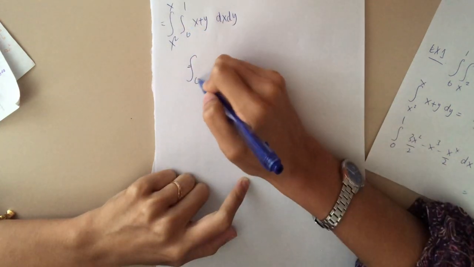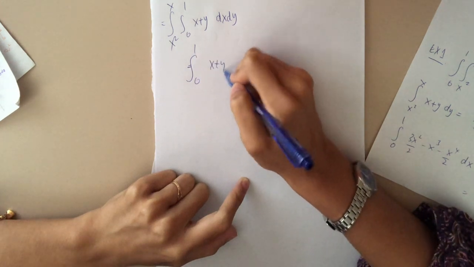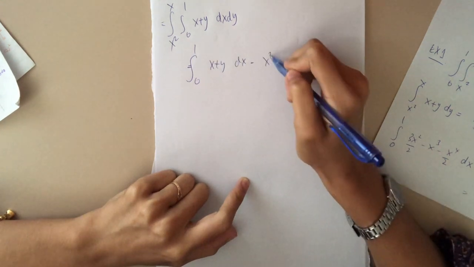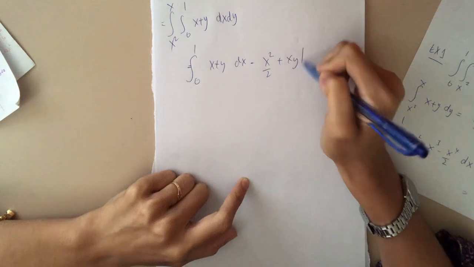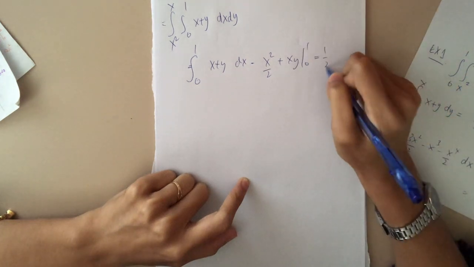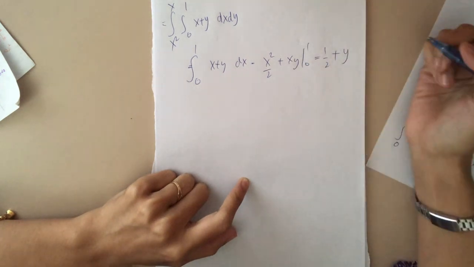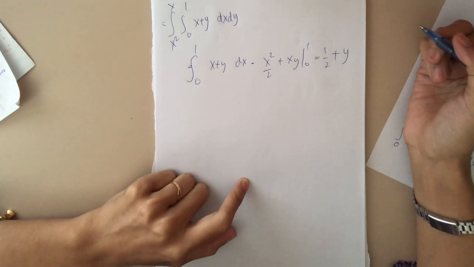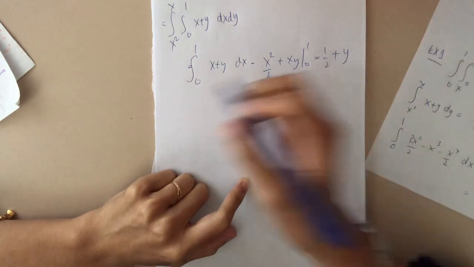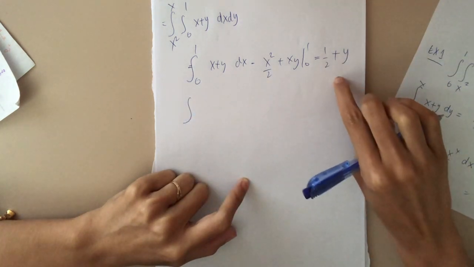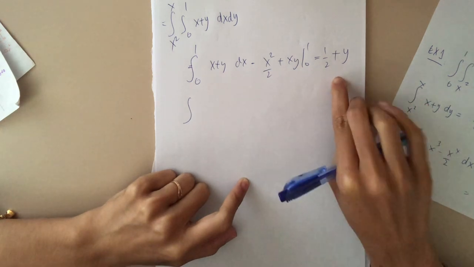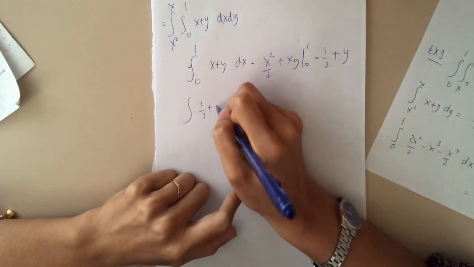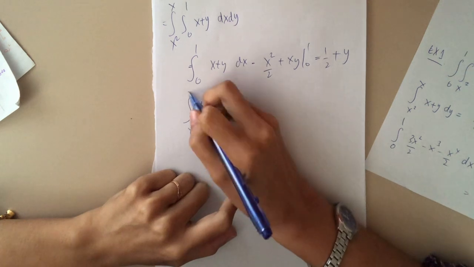We solve first for the inside one. We will have x squared over 2 plus xy, from 0 to 1. So 1 over 2 plus y. Then by using this answer, we integrate with the limit x squared to x.